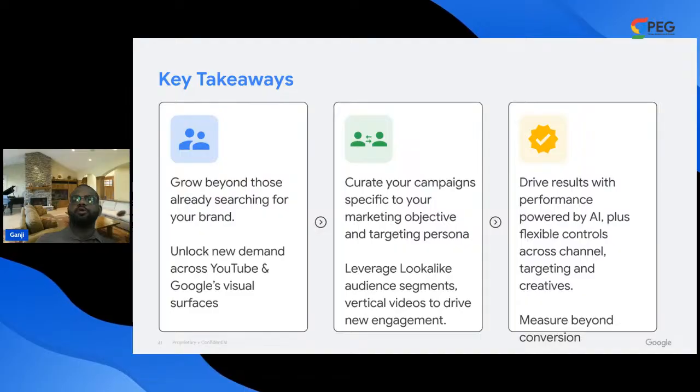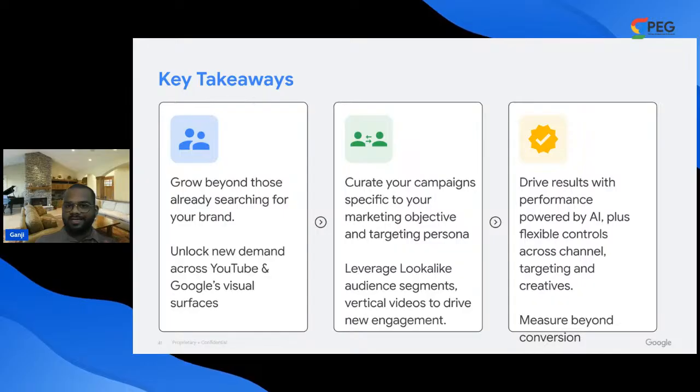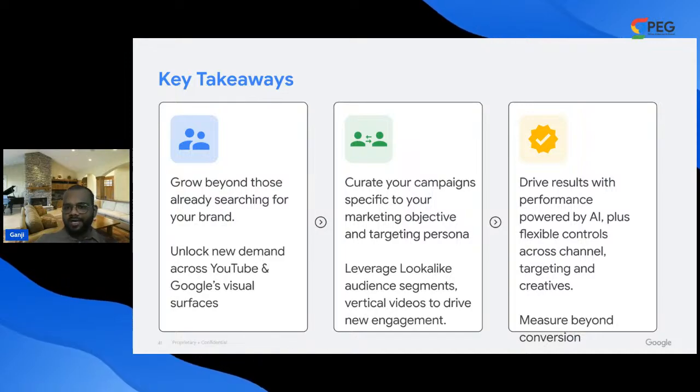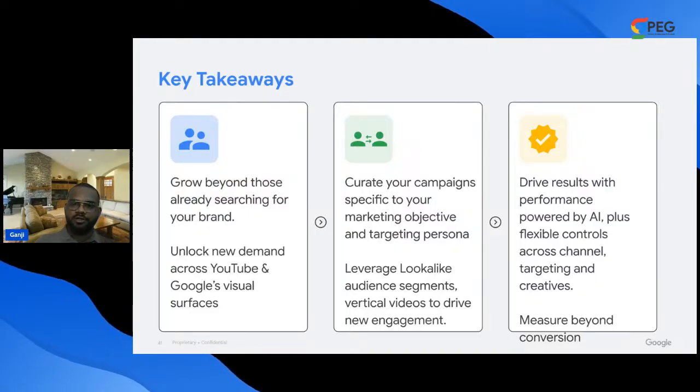It's crucial to curate your campaign specific to your marketing objectives and targeting persona. Leverage lookalike audience segments and vertical videos to drive new engagement. Finally, focus on results by driving results with performance-powered AI, plus flexible controls across channels, targeting, and creatives, and measure beyond conversions.